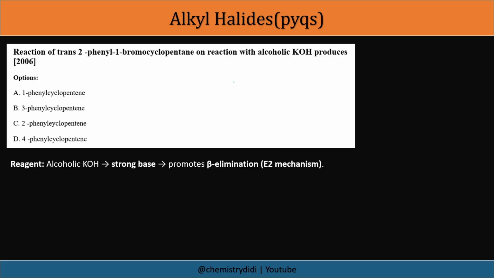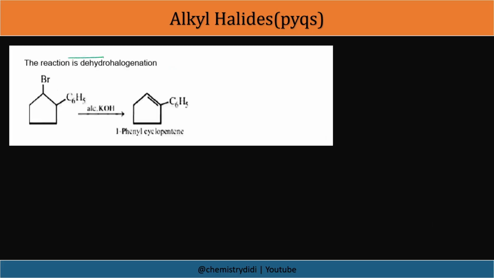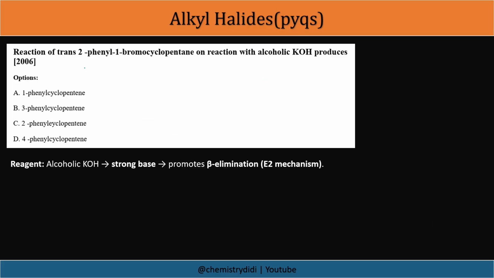Yeah, and here they have given trans. So let's try to solve this question. Trans 2-phenyl-1-bromocyclopentane on reaction with alcoholic KOH. Here alcoholic KOH acts like a strong base. It tries to abstract a hydrogen, and generally it does an E2 elimination.